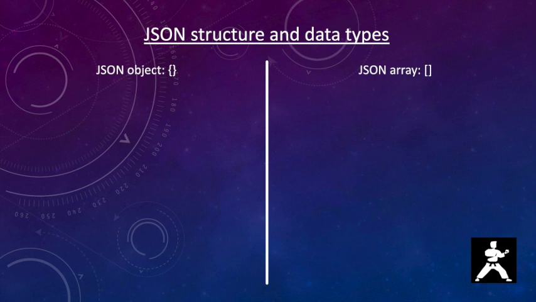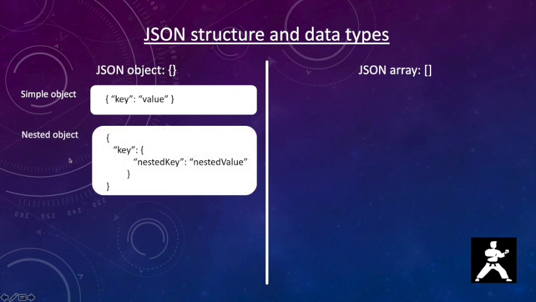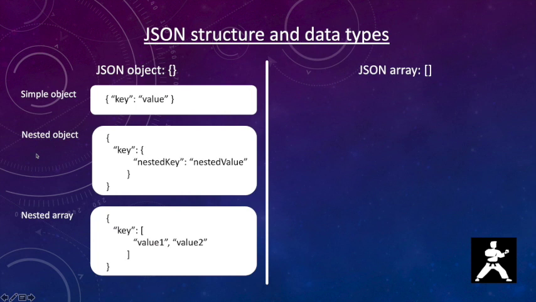What are the possible different JSON structures? For a JSON object, it is just a simple object, key and value pair. The second structure for the object is when your key, instead of a value, has another object. So we have a key here, and the value is another object with a nested key and nested value. The third kind of structure is when the value for your key is an array, a nested array.